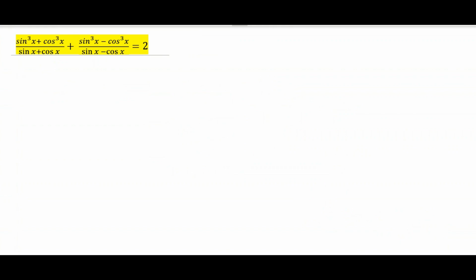Coming to the next question here. In the numerator, we have it in the form of a cube plus b cube. So that can be written as a plus b into a square minus ab plus b square. Similarly, a cube minus b cube can be written as a minus b into a square plus ab plus b square. These two formulas we will use here.